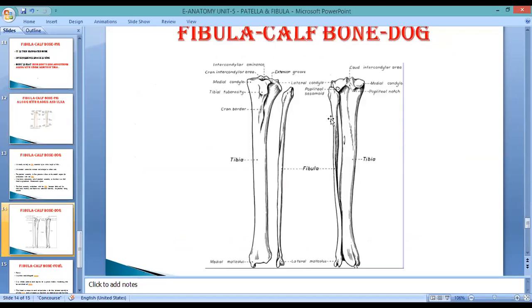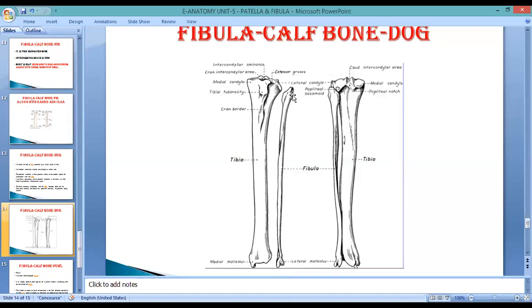See, in the dog, this is well developed like in the human being, and it is the most highly developed as compared to all species, and extends throughout the length of the tibia on its lateral position. Its distal extremity may extend more to the bottom in comparison to the tibia. You see here, this distal part, in comparison to other species, reaches more toward the bottom part of the tibia, and this is the head.